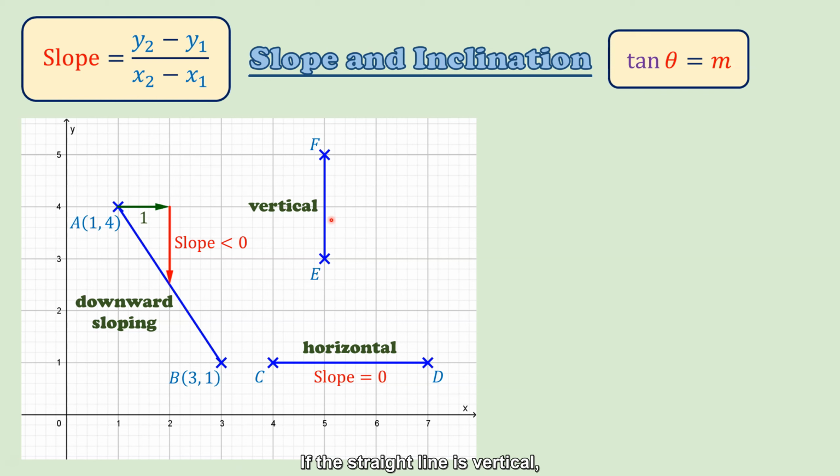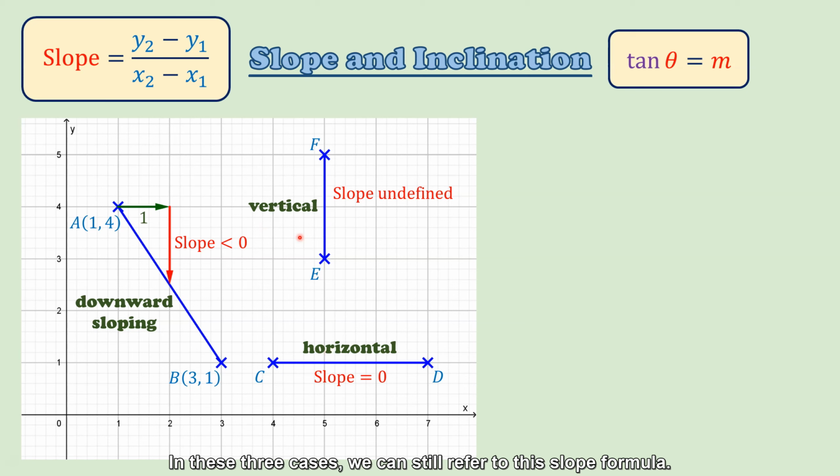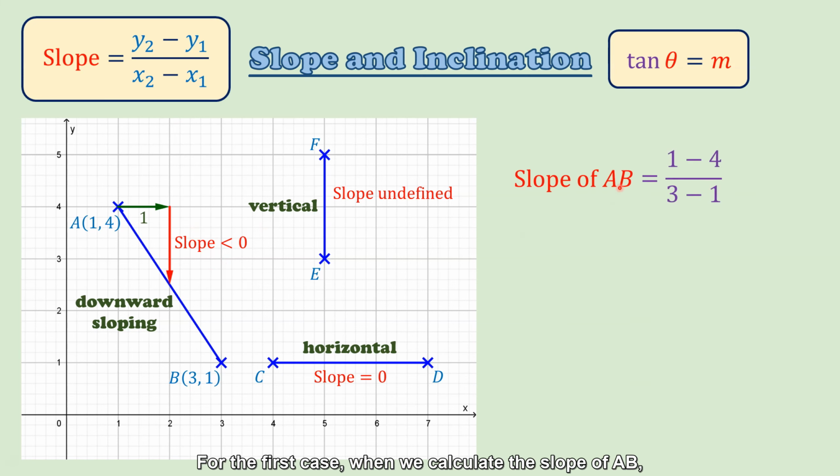In this case, we say that the slope is equal to 0. If the straight line is vertical, then when I move horizontally by 1 unit, no matter how many units I go up, I can never reach the straight line again. In this case, we say that the slope is undefined. In these three cases, we can still refer to this slope formula. For the first case, when we calculate the slope of AB, we can consider 1 minus 4 over 3 minus 1.